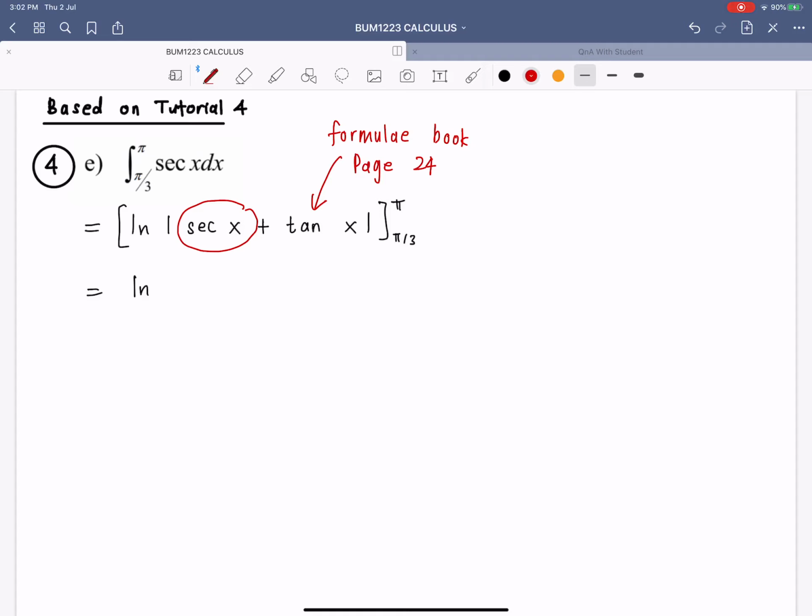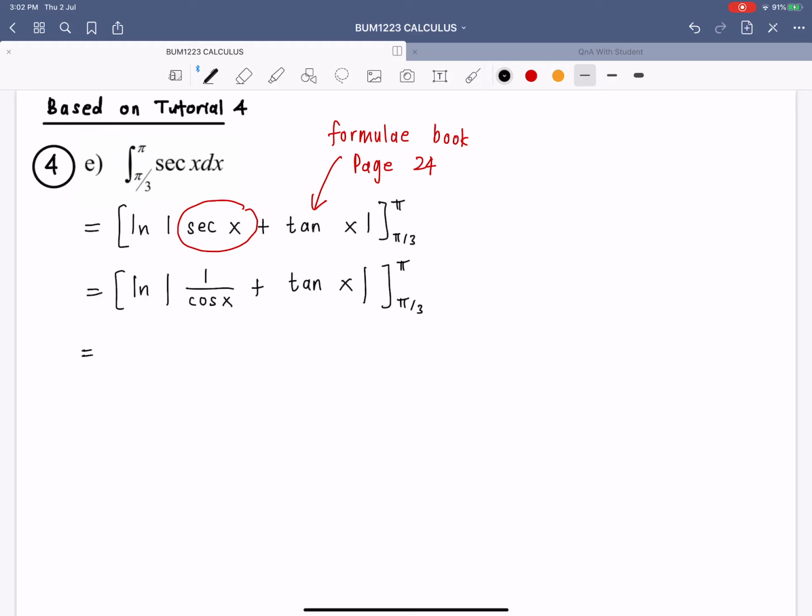So we need to rewrite this so that you can use your calculator. We know that secant x is equal to 1 over cos x. So 1 over cos x plus tangent x modulus, where x is from pi over 3 to pi.